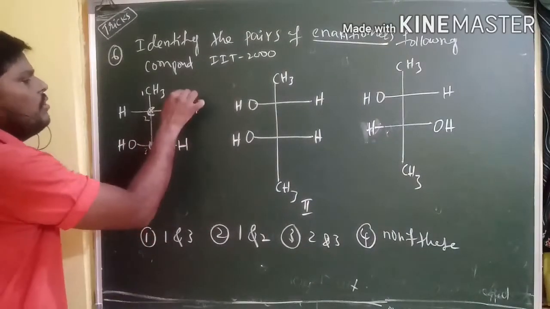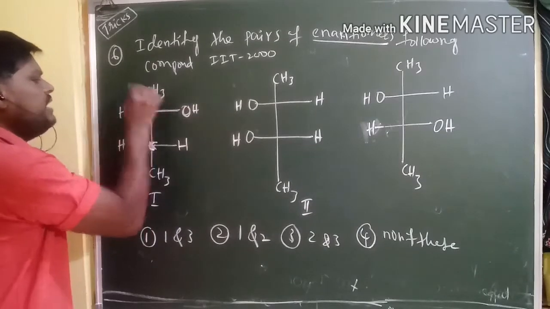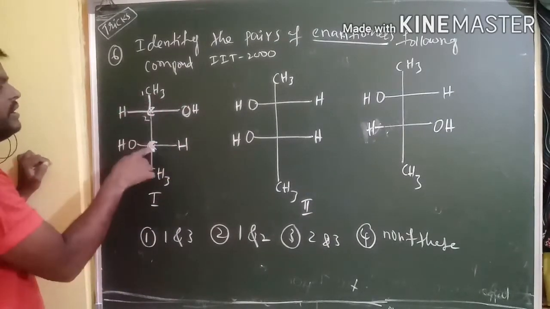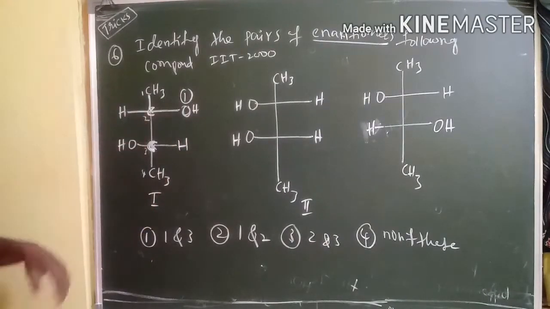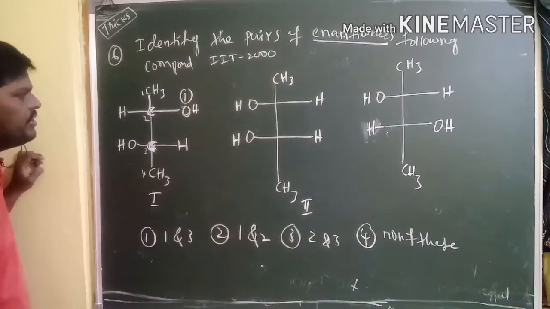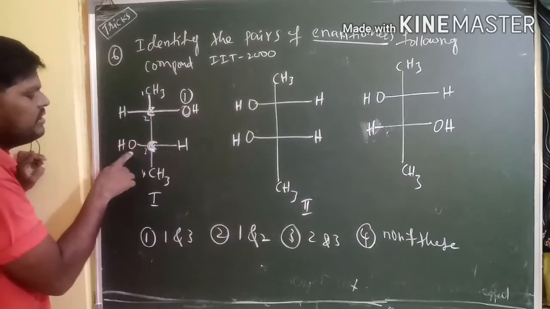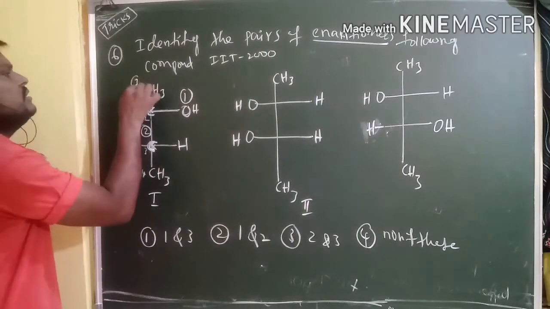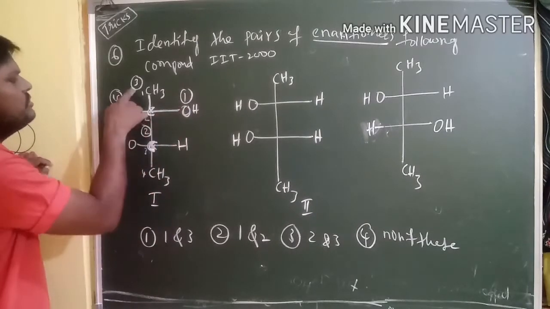Priority: this carbon is surrounded with oxygen, hydrogen and carbon. Oxygen is the highest priority because of higher atomic number. For the next priority, here carbon and here also carbon. Go for the next atom: here hydrogen, but here oxygen. That's why this is the second priority. This is third priority, and this is the least priority. What is the direction? 1, 2, 2, 3.